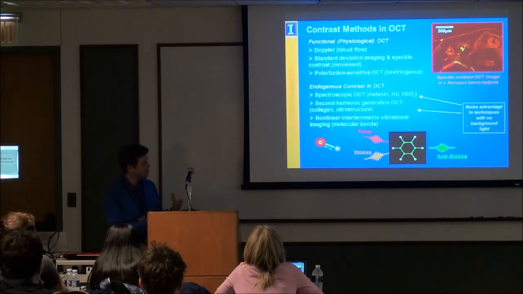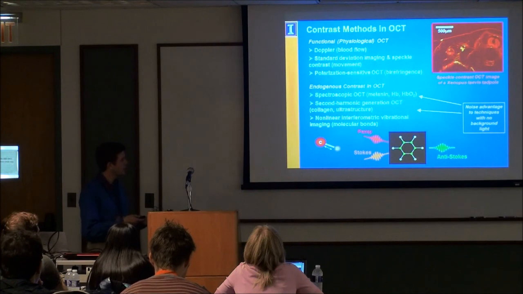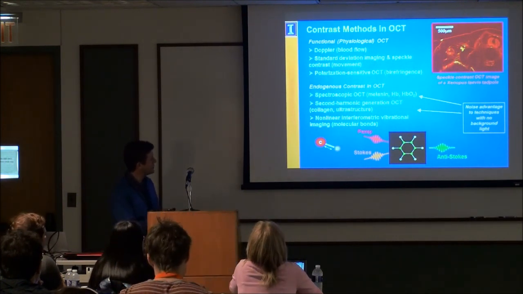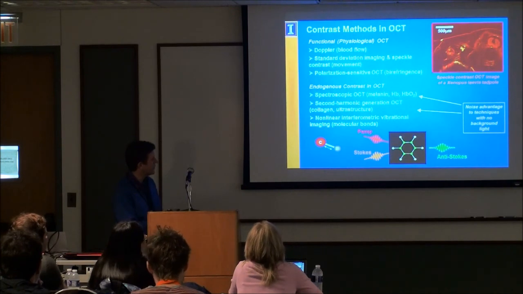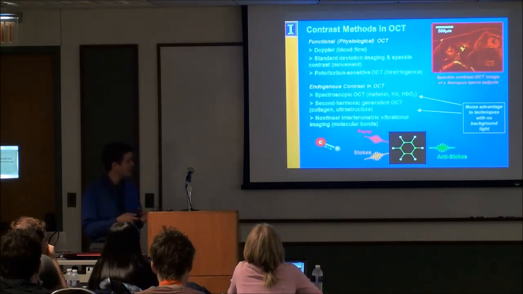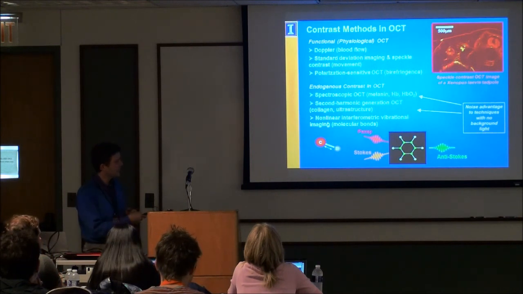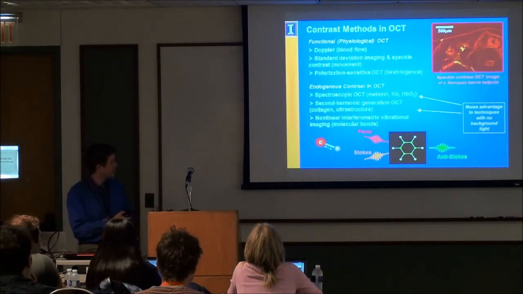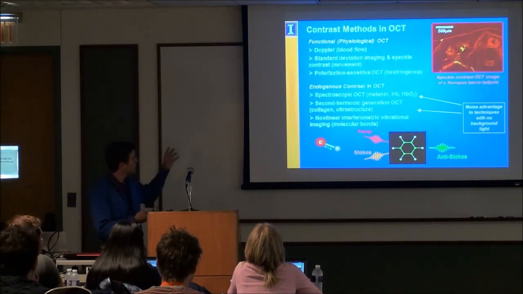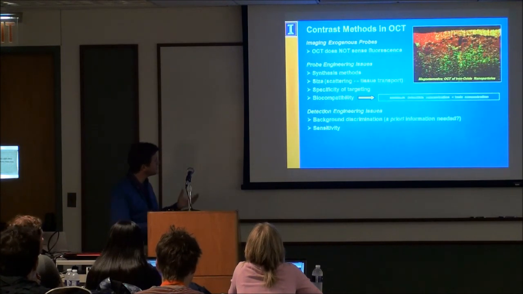Because second harmonic generation is a coherent process, we can use SHG OCT to look at collagen or ultrastructure. And there are nonlinear techniques that look at the vibrational states of molecular bonds. This is using CARS, and CARS, in fact, is also a coherent process that we can detect with an OCT system. So there's functional, there's endogenous.